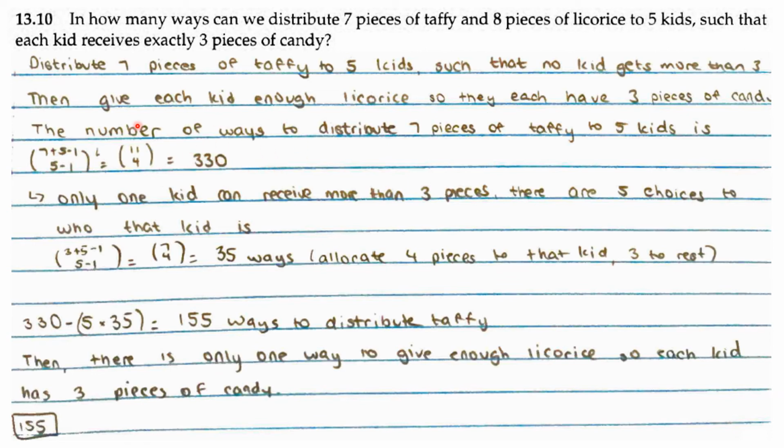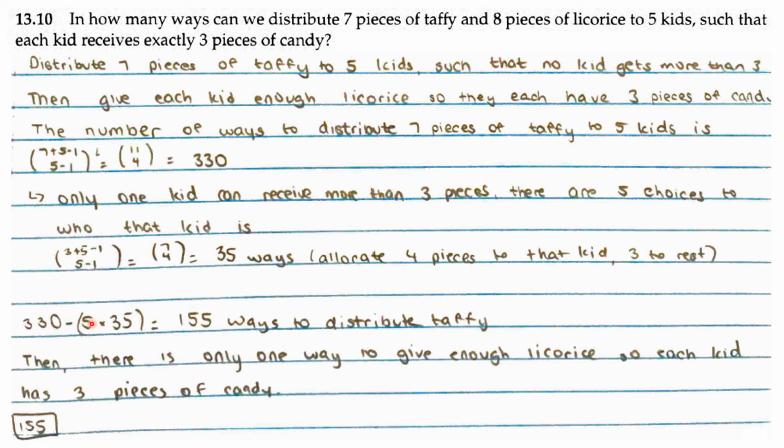Only one kid can receive more than 3 pieces, and there are 5 choices for who that kid is, because if that kid has 3 pieces, then the rest each have 1. So 3 plus 5 minus 1, choose 5 minus 1 is 7 choose 4, which is 35 ways. So we allocate 4 pieces to that kid and 3 to the rest.